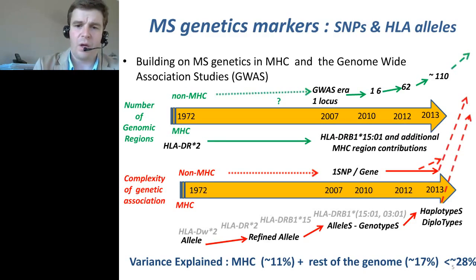And until 2007, the very beginning of the genome-wide association era, using molecular genotyping experiments and automation, we were finally able to discover new genetic markers, including the IL-7 receptor polymorphism, which has been, since 2007, one of the most important genes associated with MS besides the HLA-DR genes.